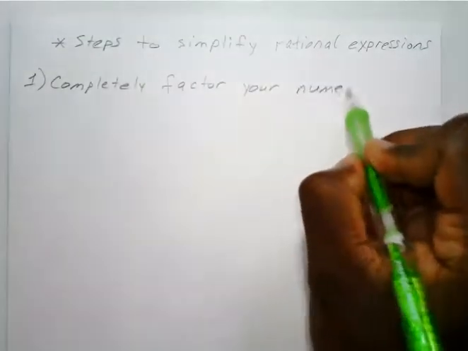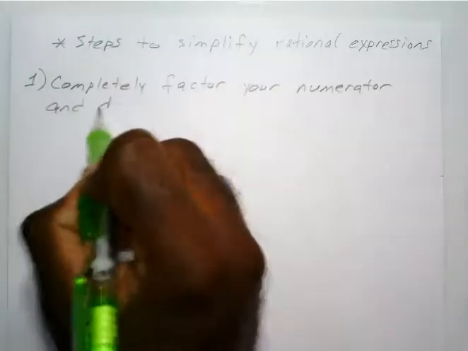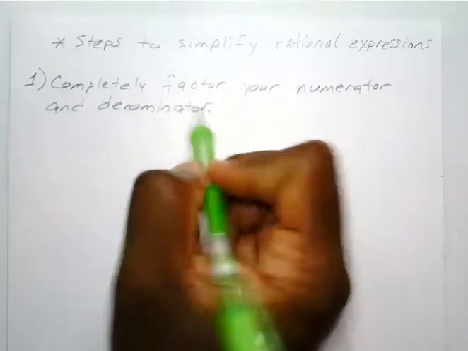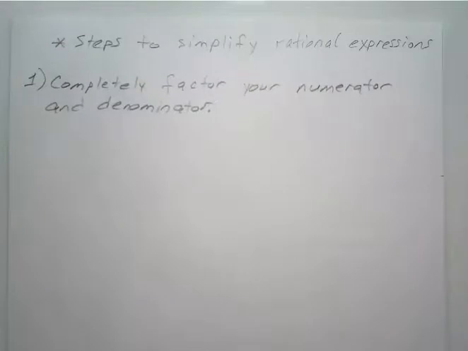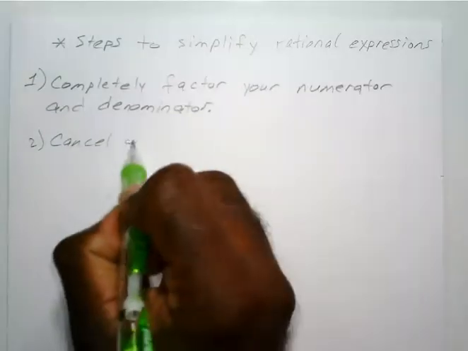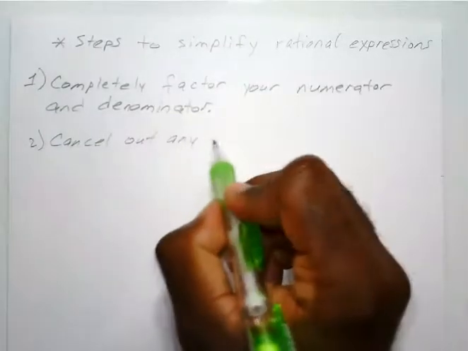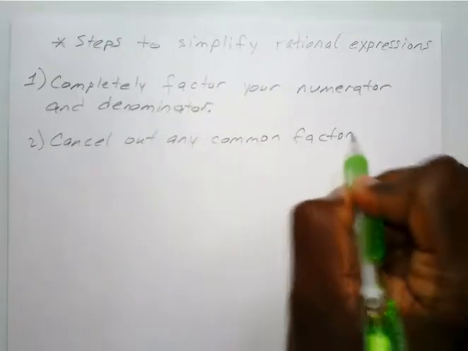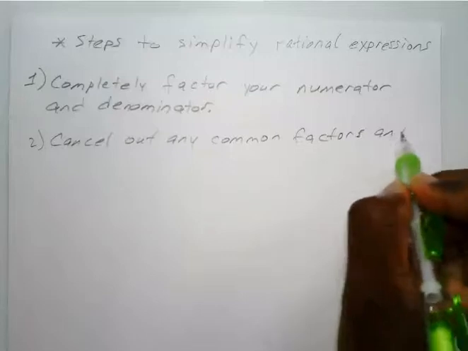Once you completely factor all of them, you're then going to cancel out any common factors, and simplify.